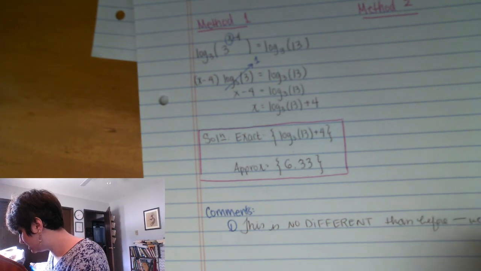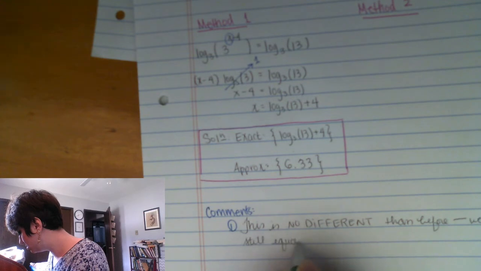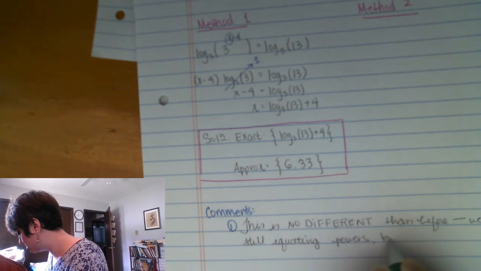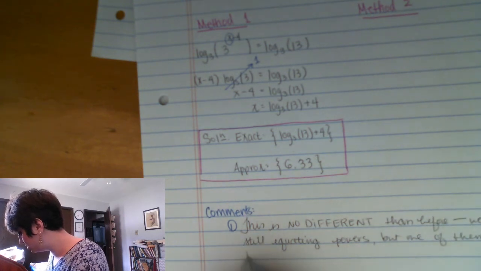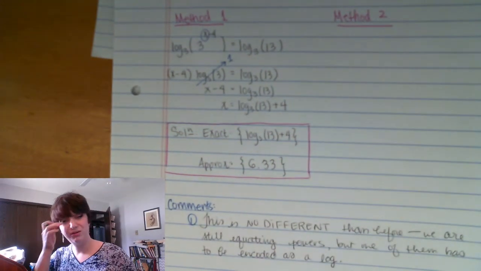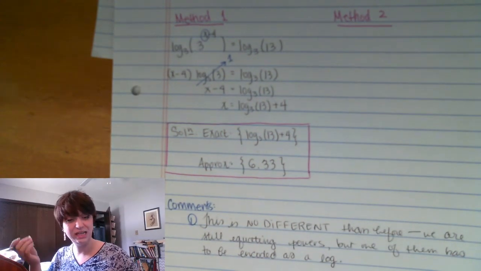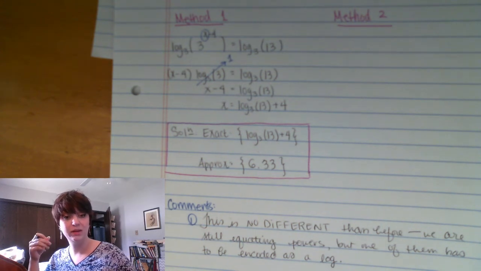We are still equating powers, but one of them has to be encoded as a log. Because again, I don't know what power to raise 3 to turn it into 13. So the logarithm is that number.